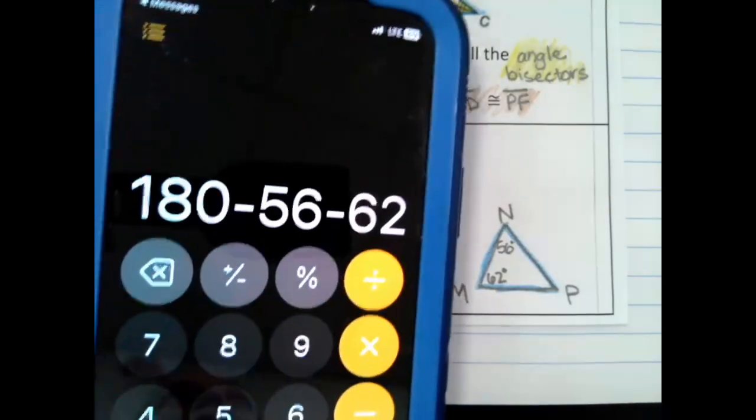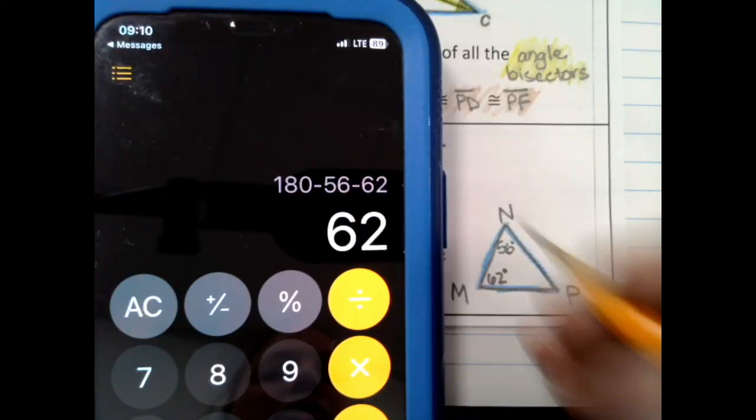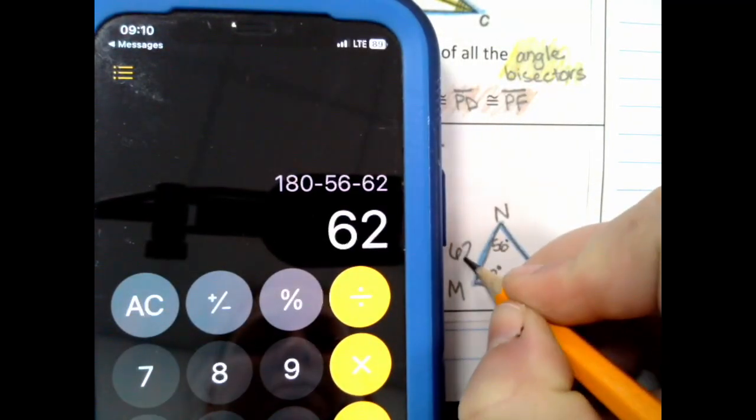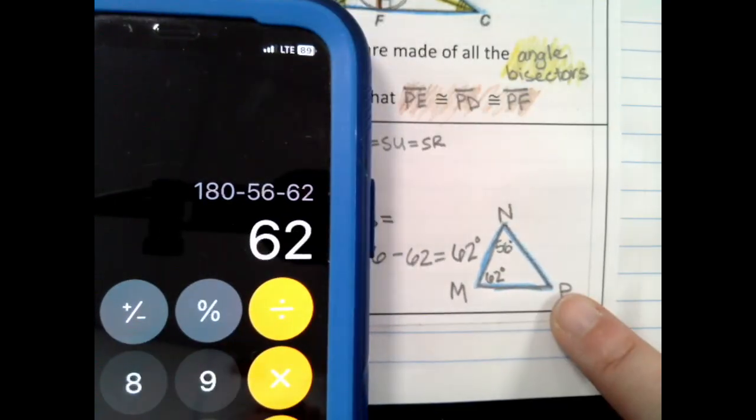Use that handy dandy calculator that we carry around. We get 62. So I know angle P is now 62 degrees, is the whole angle.